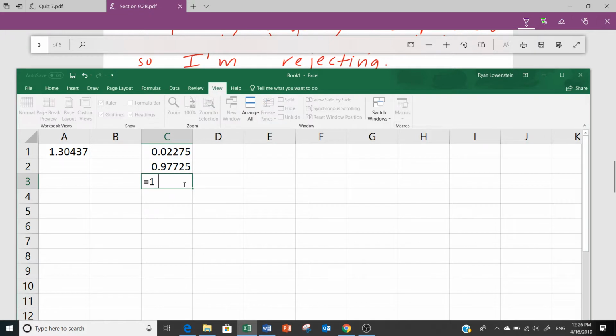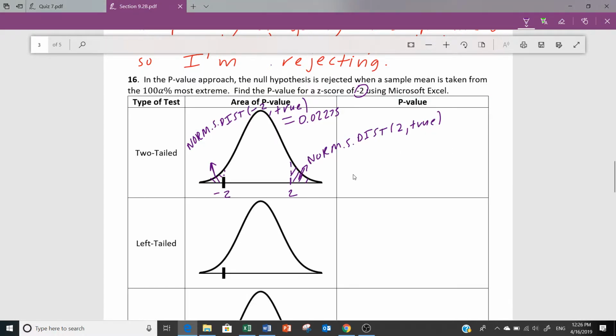I have to do 1 minus that to get the 0.02275, which gives me the right area. So 1 minus NORM.S.DIST of 2 comma true is 0.02275. So what's the answer? Is it 0.02275? Do 1 minus that.